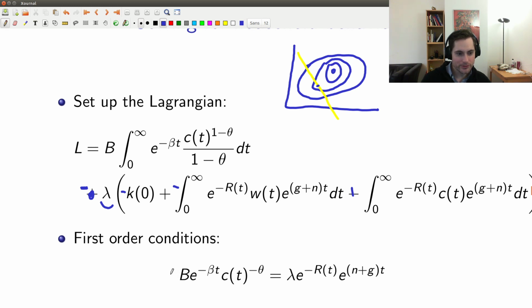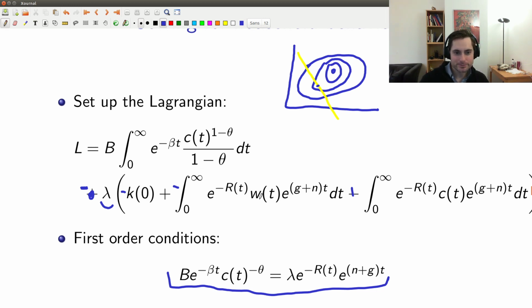So how do you write out the first order conditions? They look like this. It's just going to be the inside of this thing. And there's not much else to say.